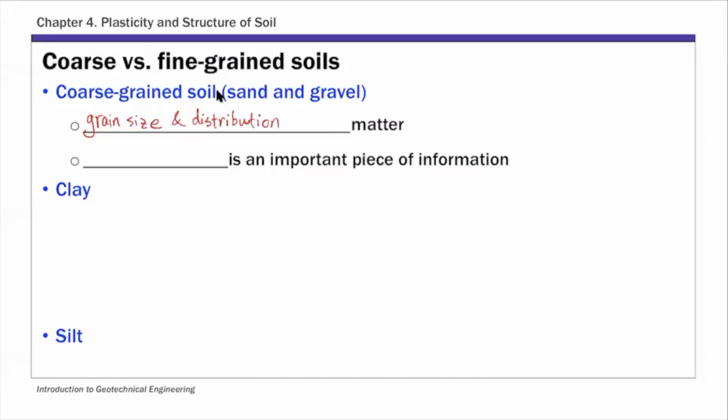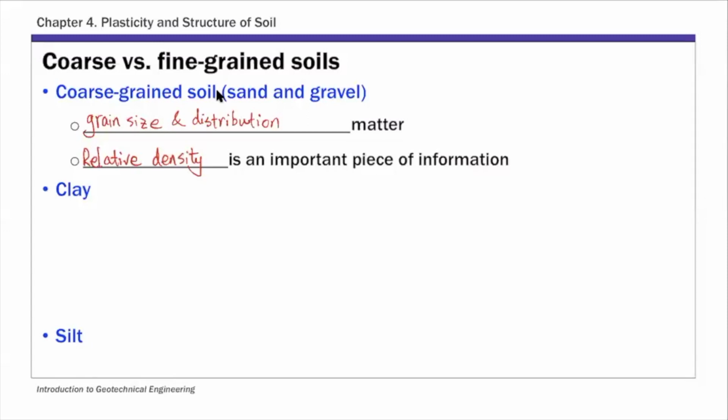So for coarse grain soils, we would like to know their grain sizes and their grain size distribution and relative density, something we introduced last time. So this is an important piece of information to have for coarse grain soils.